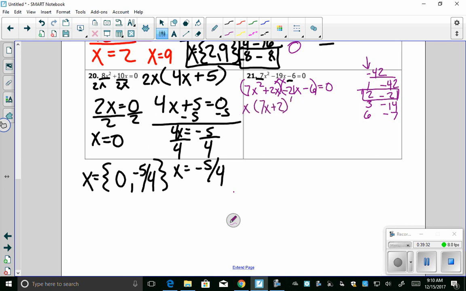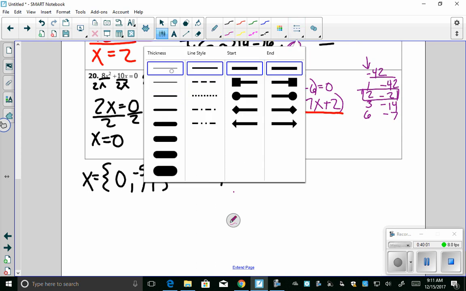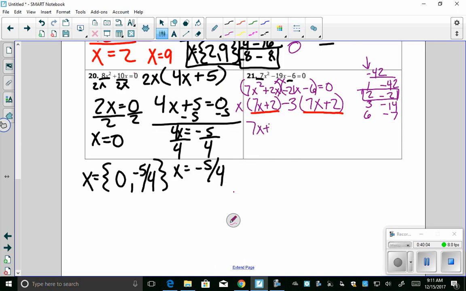For the second part, it's going to be a negative 3. Negative 21 divided by negative 3 gives me a positive 7x plus 2. We got these as the same. That's what we want. So rewrite it as 7x plus 2 times what's left, x minus 3 equals 0.